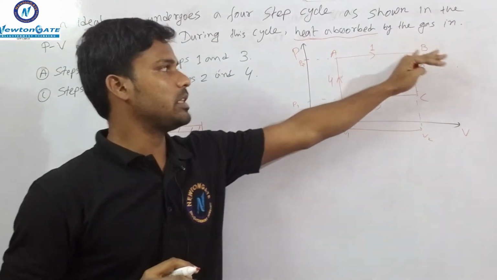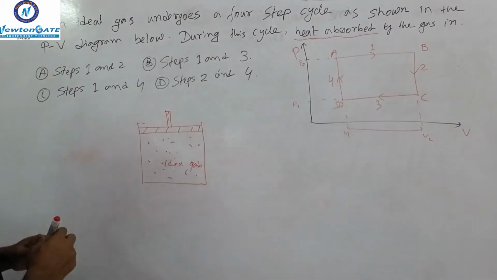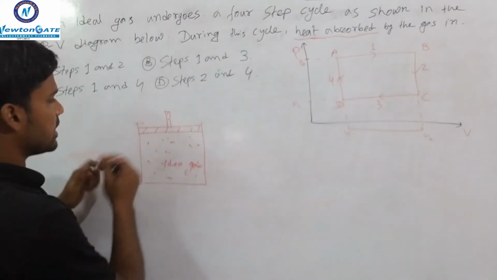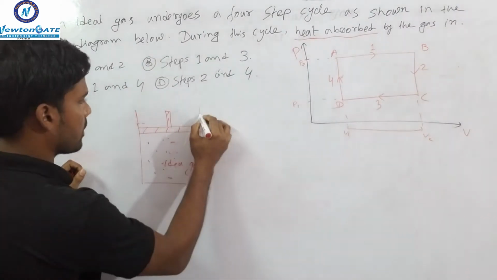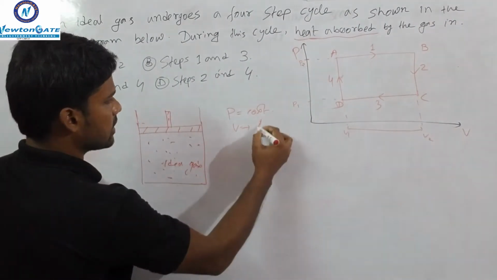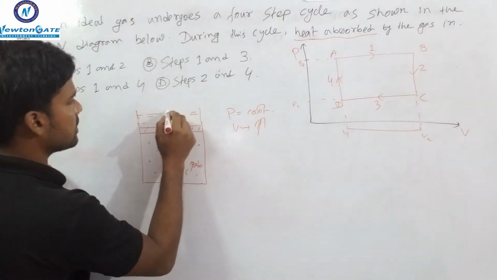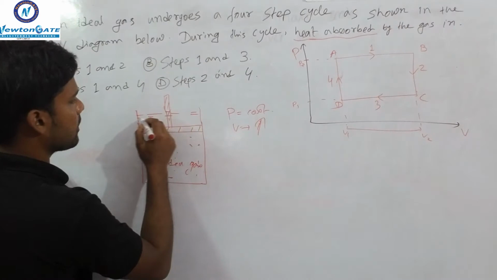That means volume increases. So pressure is constant, volume increases. That means this piston rises like this.